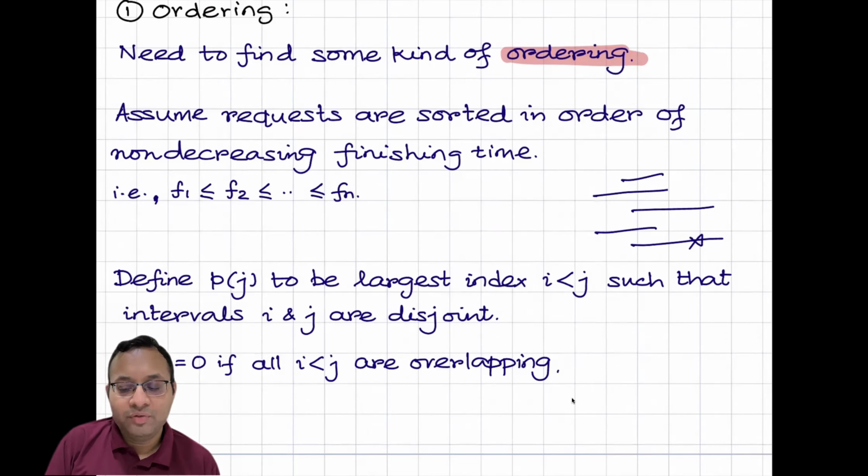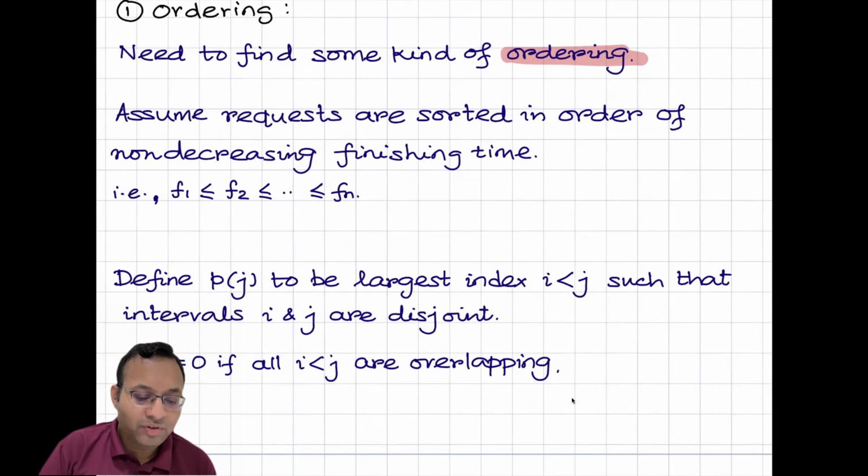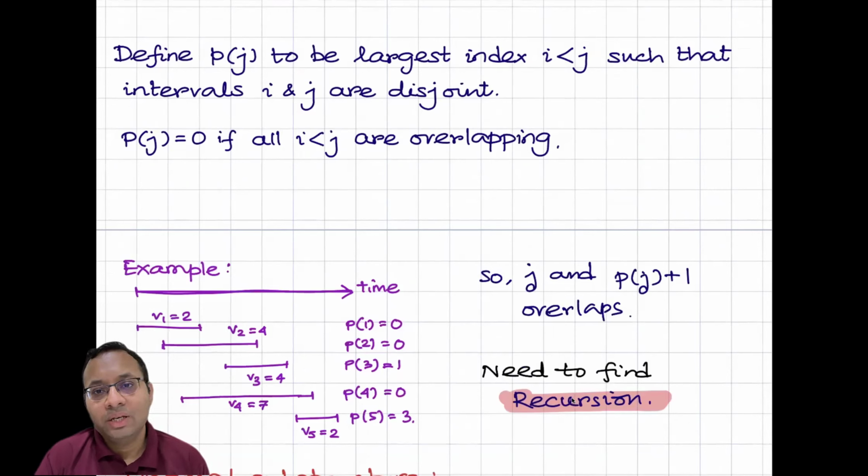All the intervals following that, I will not take. That is formalized by the notion of Pj here. Define Pj to be the largest index i less than j such that intervals i and j are disjoint. And if all i preceding j are overlapping, then we define Pj equal to 0. It means that j and whatever is following Pj, let's say Pj plus 1, Pj plus 2 up to j, all of them overlap.